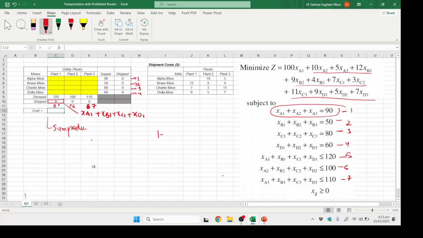If you're not using SUMPRODUCT, you will write equal to, then multiply this cell with this one, plus now xa2 multiplied by 10, plus 12, which is here, sorry, this is 3 5 multiplied by this plant 3, and we have to do it for all the cells.